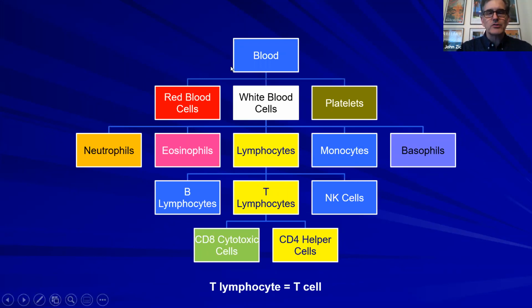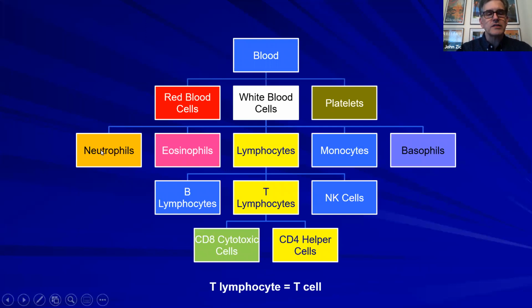I'm going to move my cursor here. Blood is primarily composed of red blood cells, white blood cells, and platelets. The platelets are important for clotting. The red blood cells are important for carrying oxygen. And the white blood cells are extremely important for fighting off infections and what we call immune surveillance, which includes surveillance of cancer cells that might be developing in our bodies.